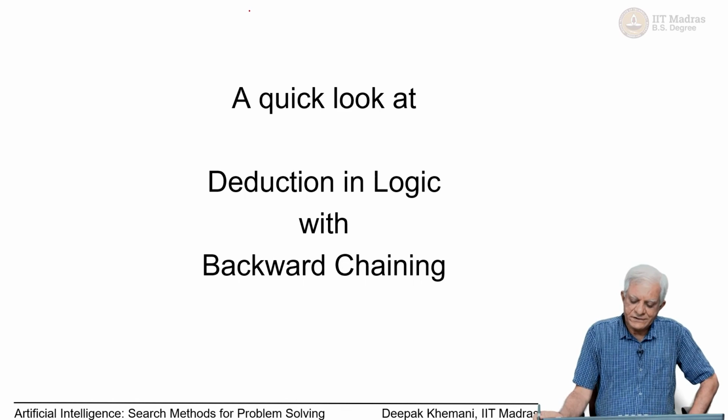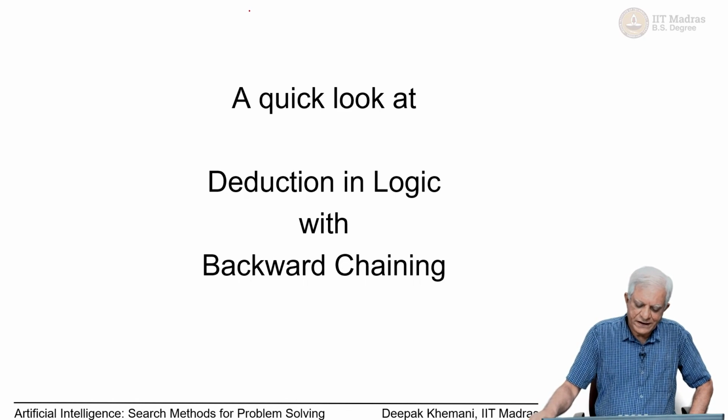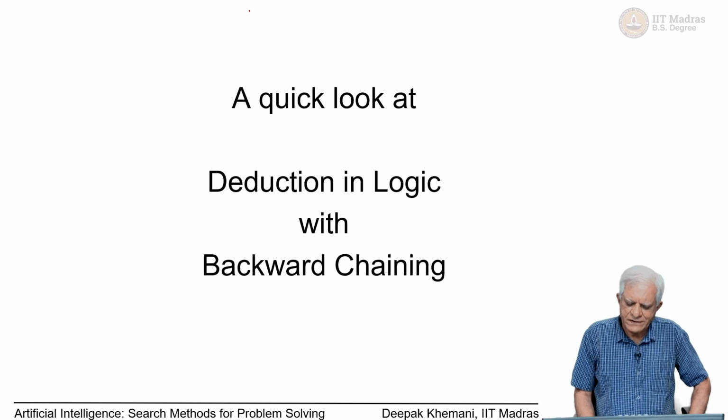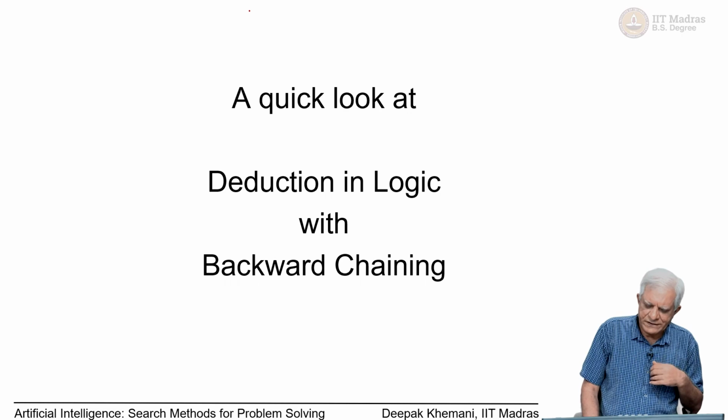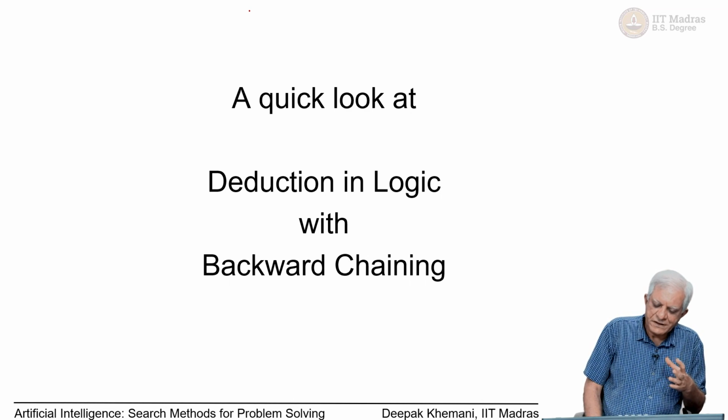Okay, next we will take a quick look at logic and deduction, and this process of goal directed reasoning, which is called backward chaining in logic, and we will see its connection with AND OR trees. We do not have time to do more in logic in this course, but the objective of doing this now is to tie it up with the fact that deduction in logic is also done via a process of search.